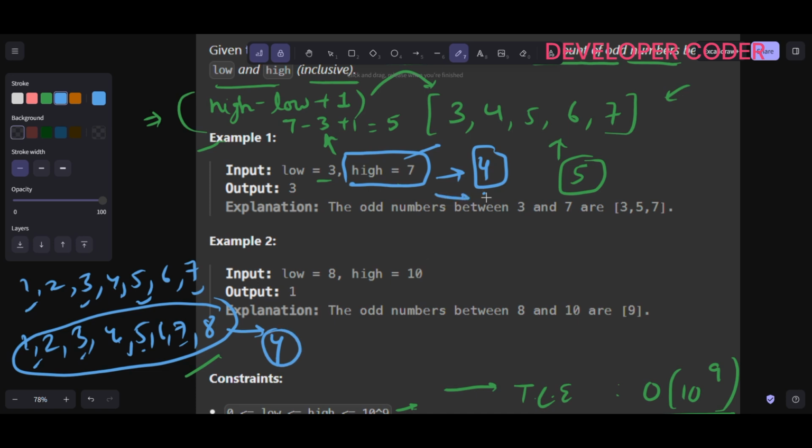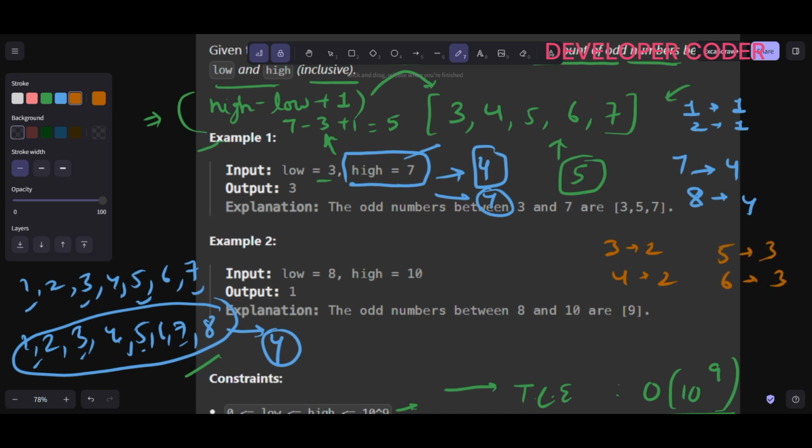So for 7 the odd numbers are 4, and if my high is 8, then also 4. Notice this: when my high is 1, only one odd number. When my high is 2, only one odd number. When my high is 3, two odd numbers. When high is 4, then two odd numbers. Same for 5, then 3, then 6, then 3.